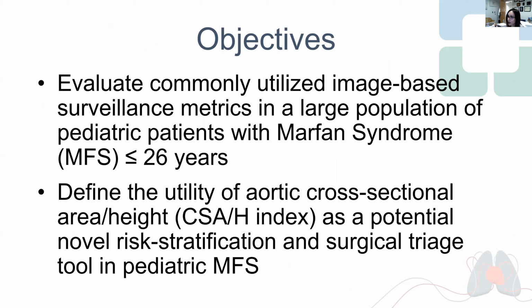Secondly, we wanted to define the utility of aortic cross-sectional area to height, or the CSA over height index, as a potential novel risk stratification and surgical triage tool in pediatric Marfan syndrome.